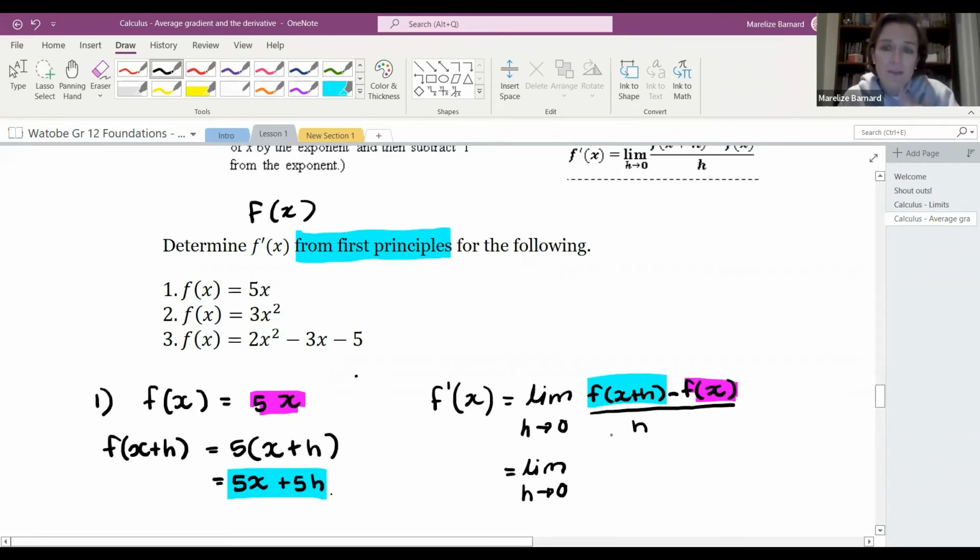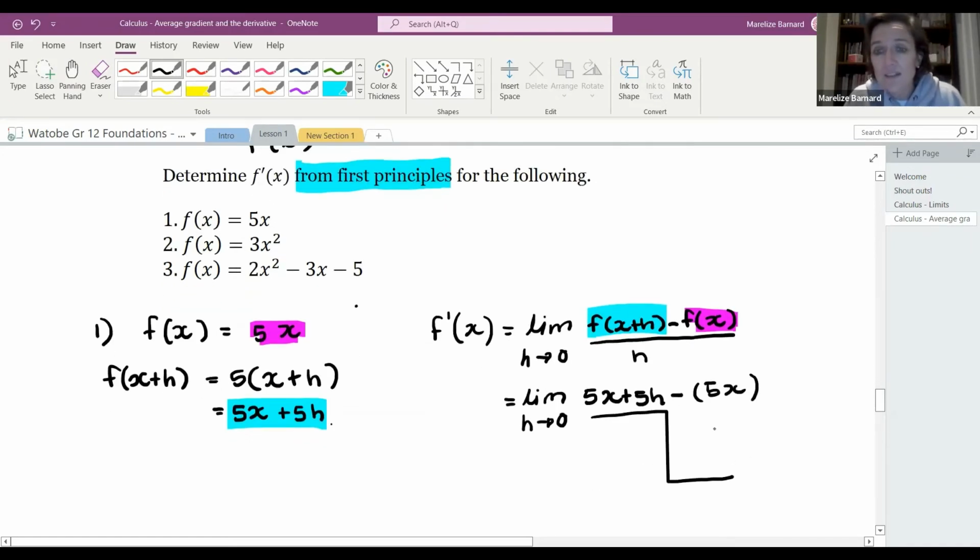So I'm going to take my f of x plus h, which is this blue part, and put that in there: 5x plus 5h minus, and don't forget to put a bracket around what your f of x is. Right now it's fine, it's just 5x.